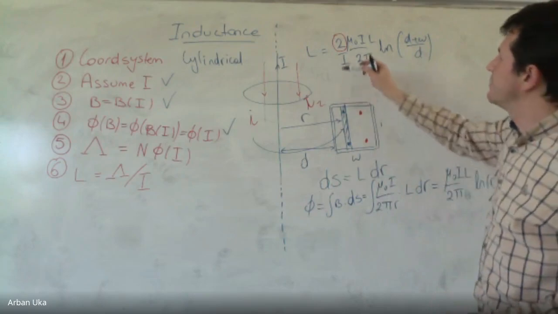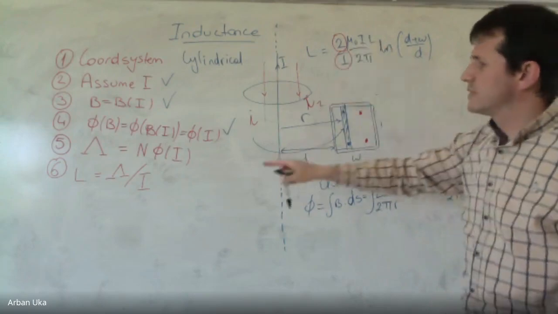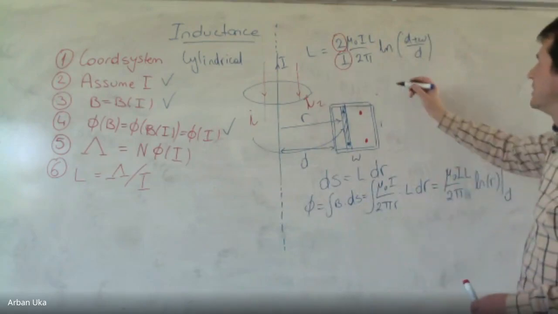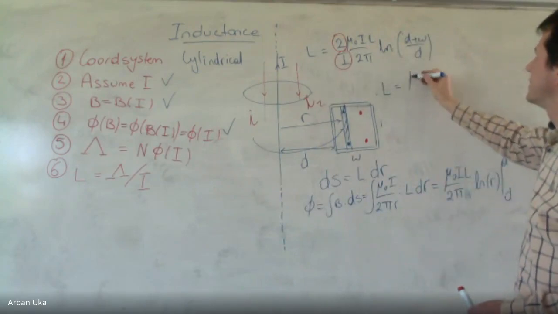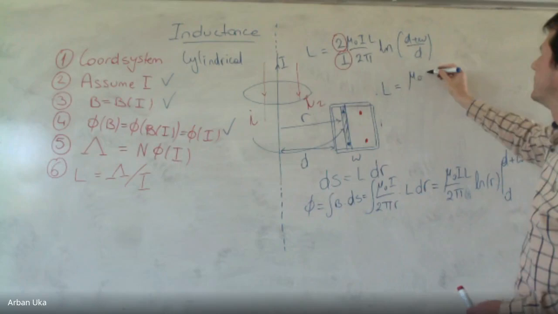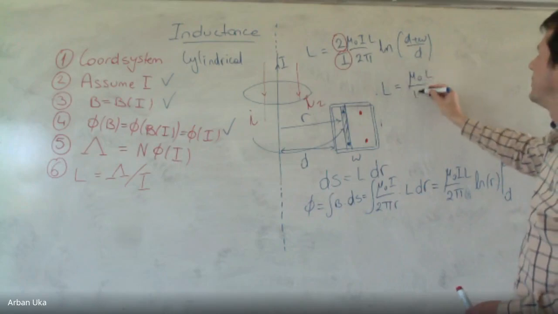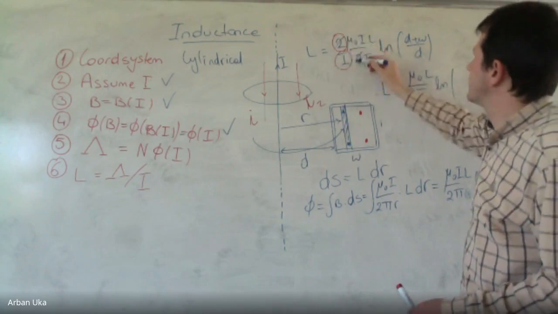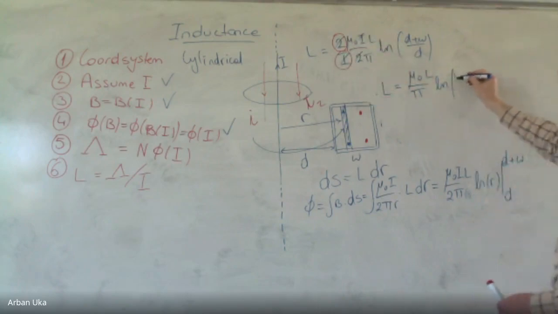By dividing by current here, we covered step 6, which are the last 2 steps. And finally, this inductance is equal to mu 0 L over pi ln, so let's cancel this out so that we are not confused, of d plus w over d.